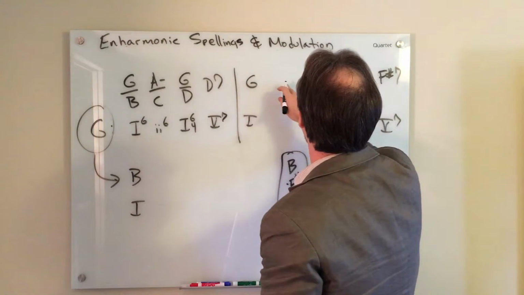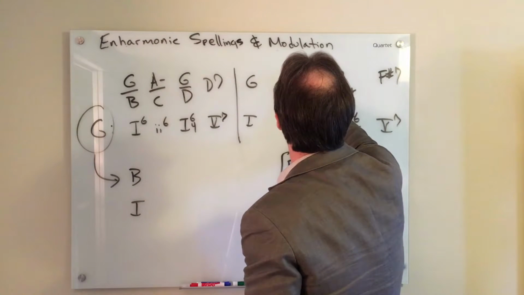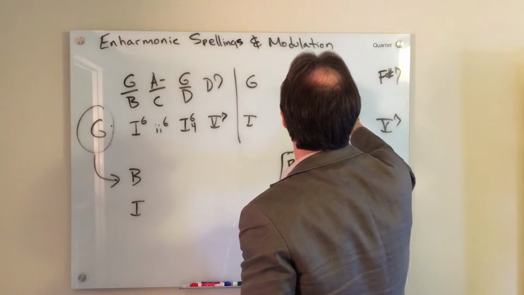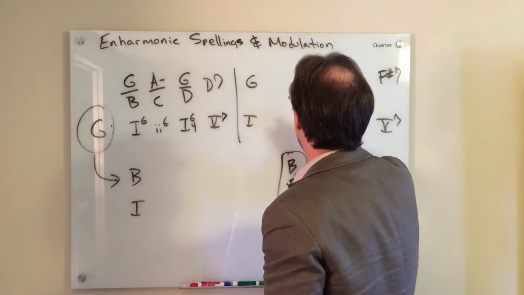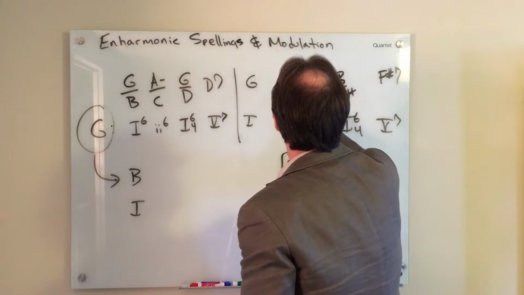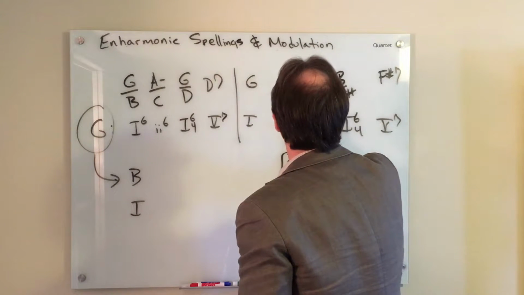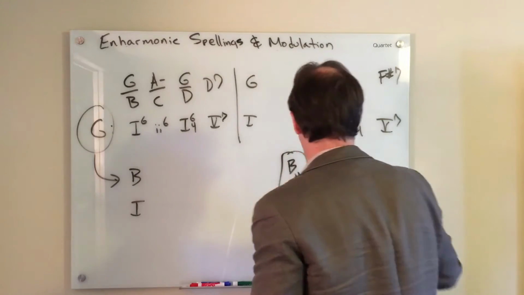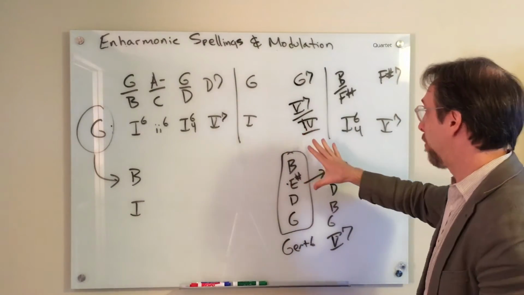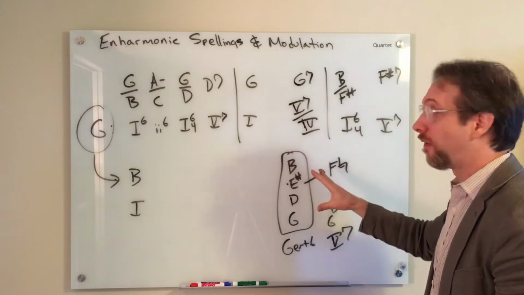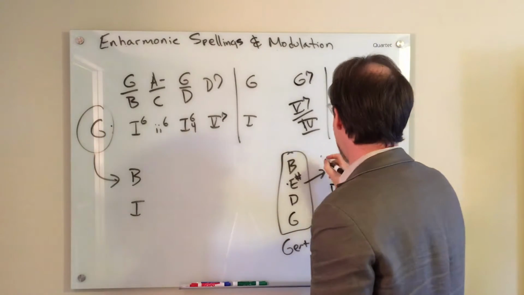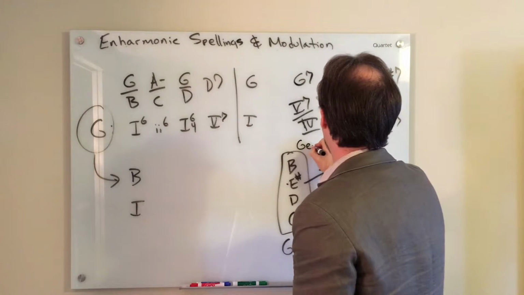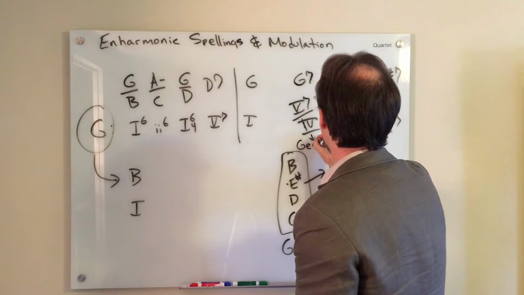But as your ear is going along, your ear is going to hear this more like a G7. Your ear is going to hear it as a 5/7 of 4. Okay? Your ear hears it that way, but it doesn't resolve that way because it ends up resolving as if it were instead a German augmented 6th chord.